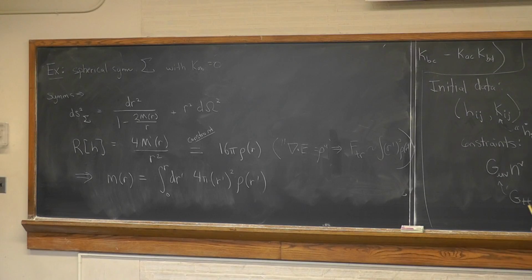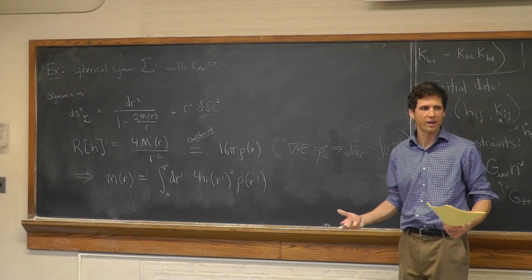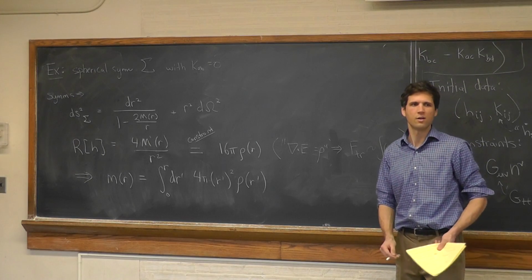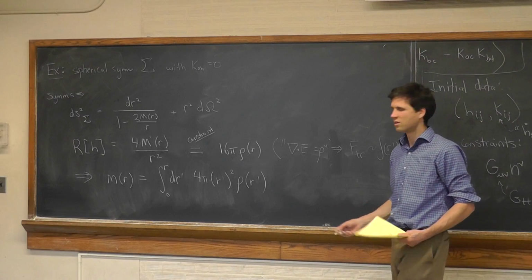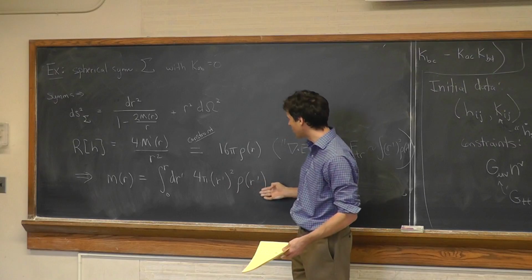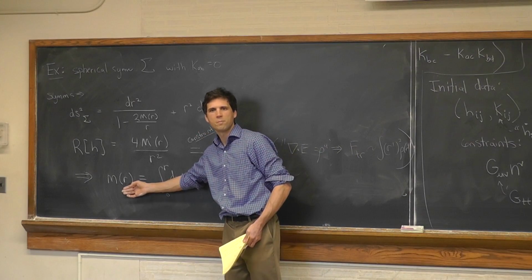So this is showing you very explicitly that this is literally like Gauss's law, but for energy instead of for charge. Take the energy, integrate up the total energy density enclosed, and that gives you this M.